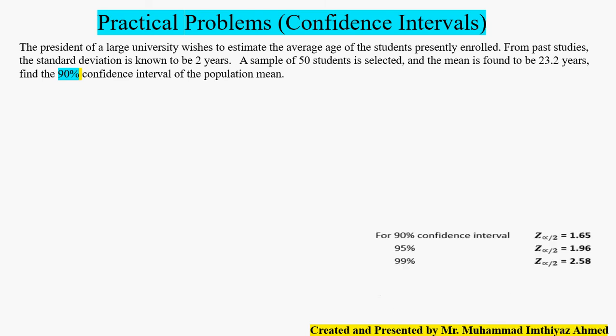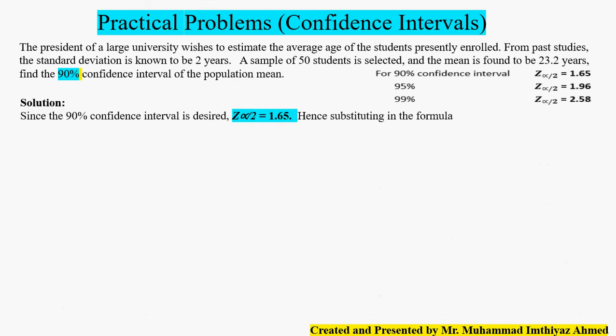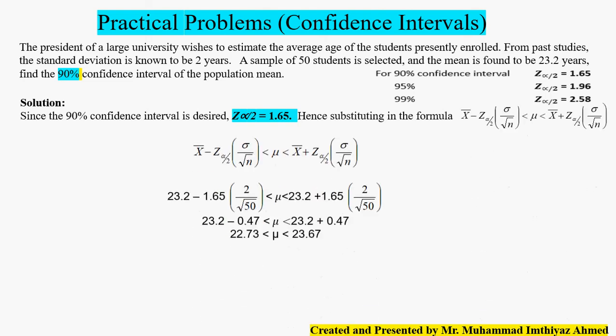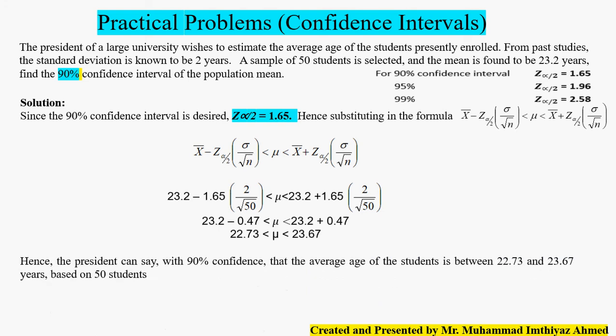So with 90%, when we say 90%, the Z alpha by 2 will be 1.65. By using the same formula, our result here will come to 22.73 and 23.67. So you can write a comment.